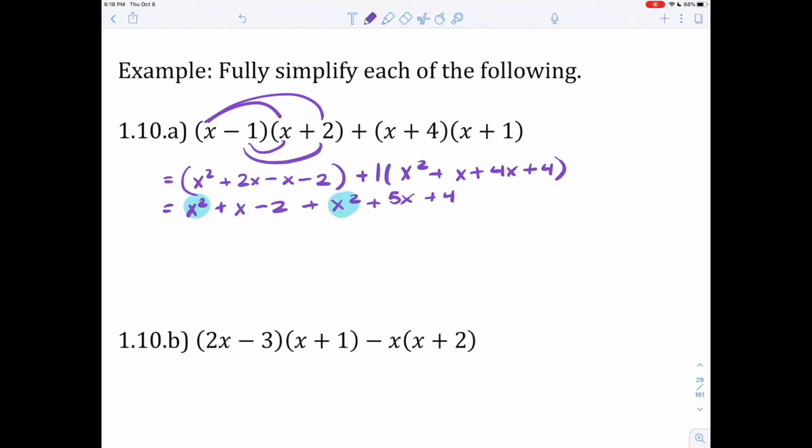I notice that I have x squared and x squared, so that gives me 2x squared. I also notice that I have x and 5x, which gives me 6x. And last but not least, with my constants, I have negative 2 and positive 4, which gives me positive 2. And I've now expanded and simplified my entire expression here.